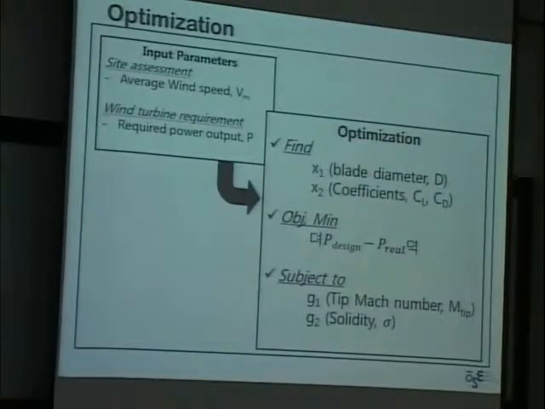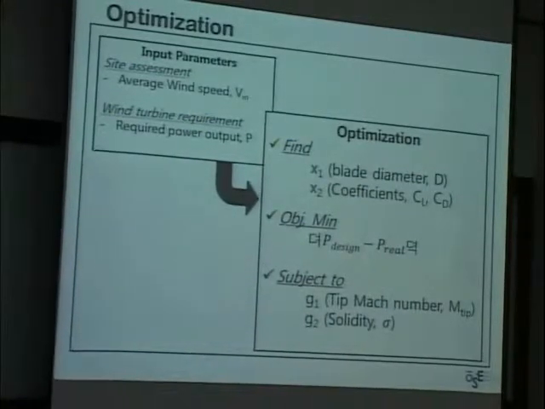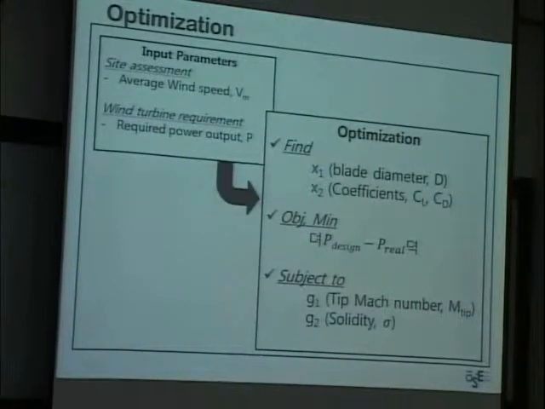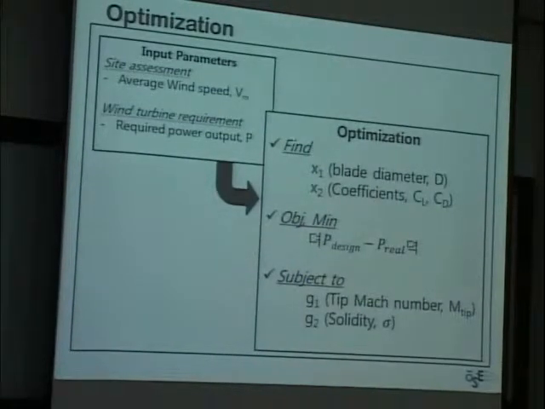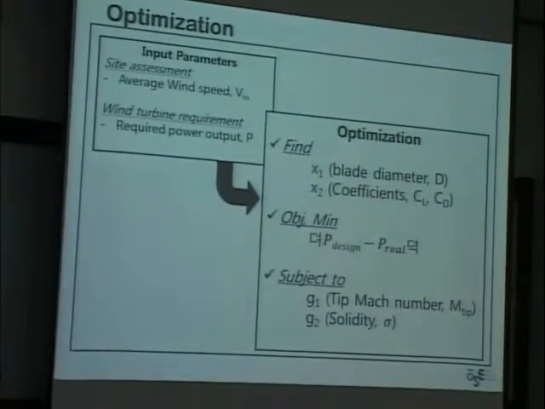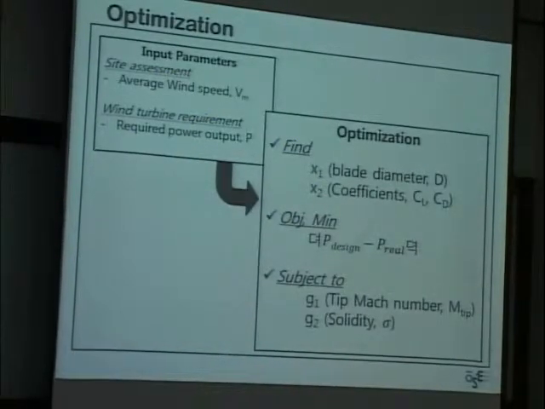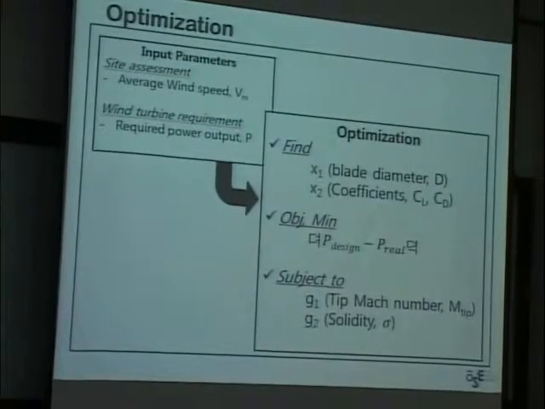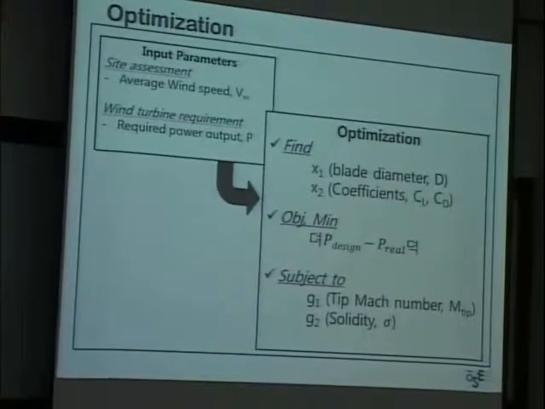After the optimization, we can find the length of the blade, especially the blade diameter, and we can find the best coefficients CL and CD. And the constraint, we can see from here, is subject to two parameters. One is the tip speed, and another is the solidity.